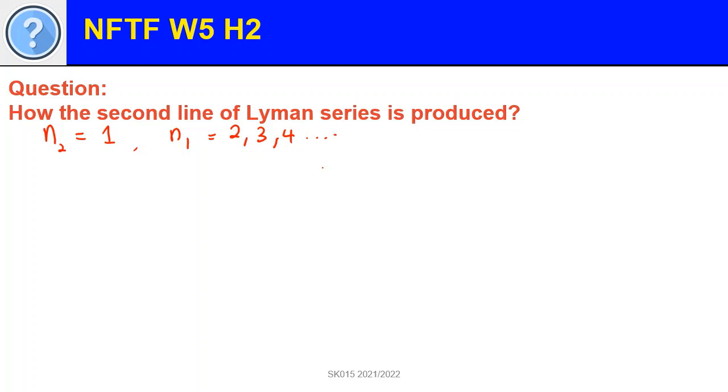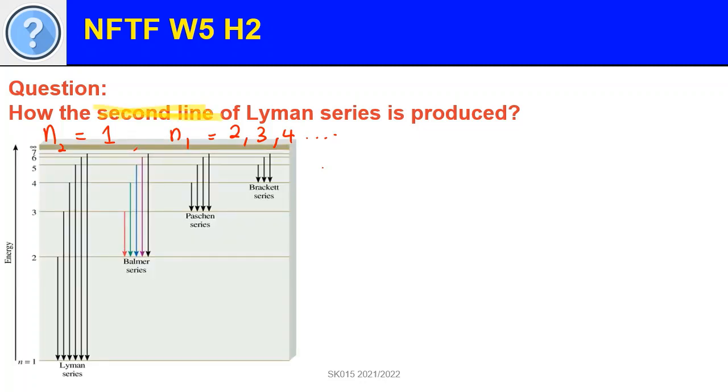Okay, and then soalan tanya macam mana nak menghasilkan the second line of Lyman series. Jadi mari kita tengok sama-sama. Okay, let's say kita ada this energy level diagram. Diagram yang digunakan untuk menunjukkan transition of electron is called energy level diagram.